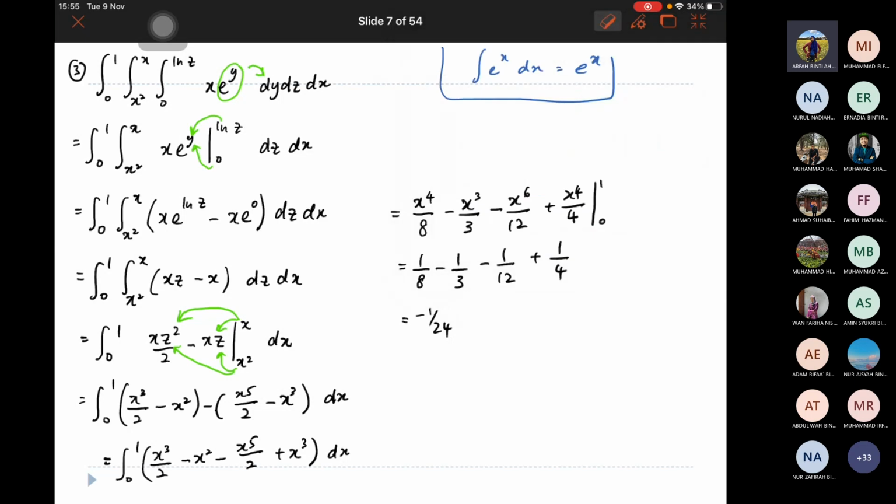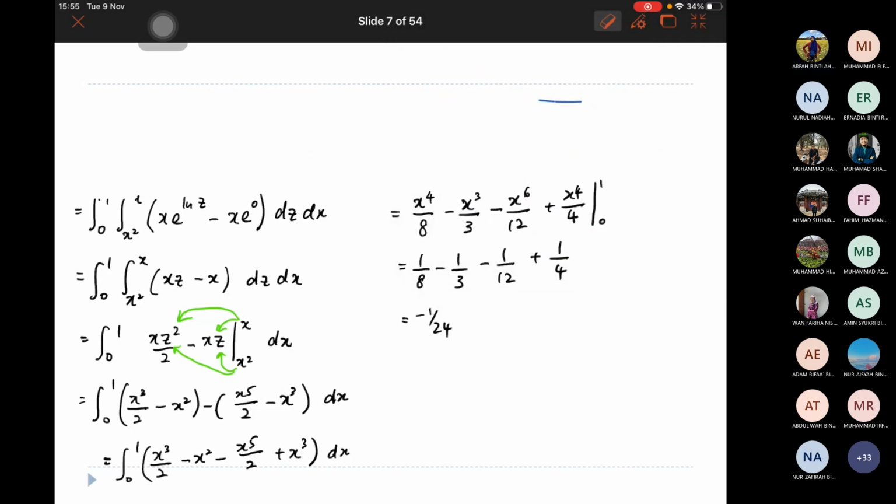Okay, anda cuba buat satu additional question. Ini tak ada dekat dalam slide. Okay. Evaluate integration over the bounded region G of z squared y exponential x dV. Okay.